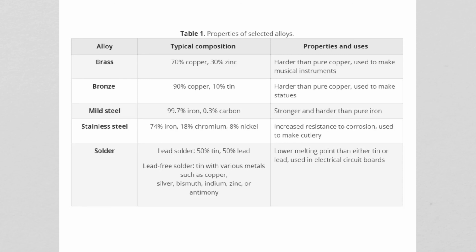And solder is used because they have lower melting points than tin or lead, so we can use those in electrical circuit boards, or again, when you're trying to fuse two metals together, the solder can act as the bridge and hold those two things together. So if you've ever soldered something, you might have used some solder before.